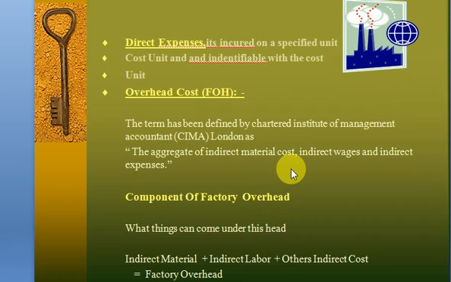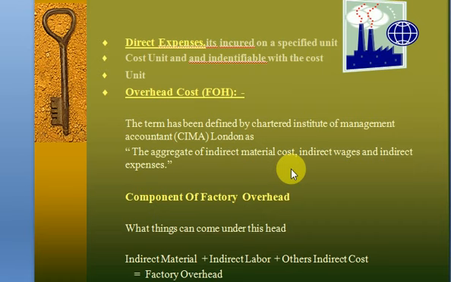Rent, insurance of the office building. Similarly, depreciations, electricity bill of the office. These are examples of the indirect expenses. So these indirect expenses are called office and administrative overhead.